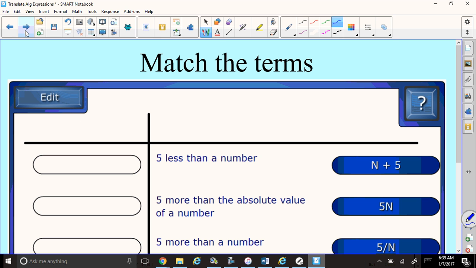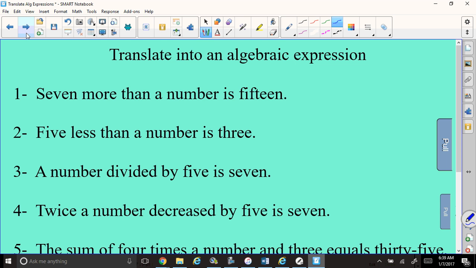Here's a cute game we'll play with a little matching of terms. Here we got just some translation to algebraic expressions and equations. So 7 more than a number is 15. Well, we learned some of those words a little while ago, like more than means addition.